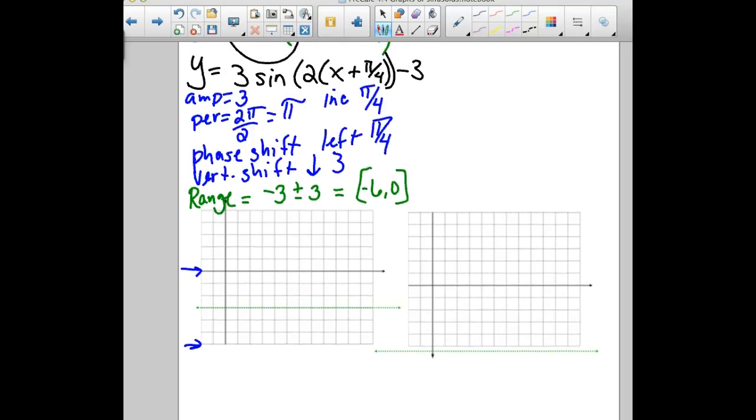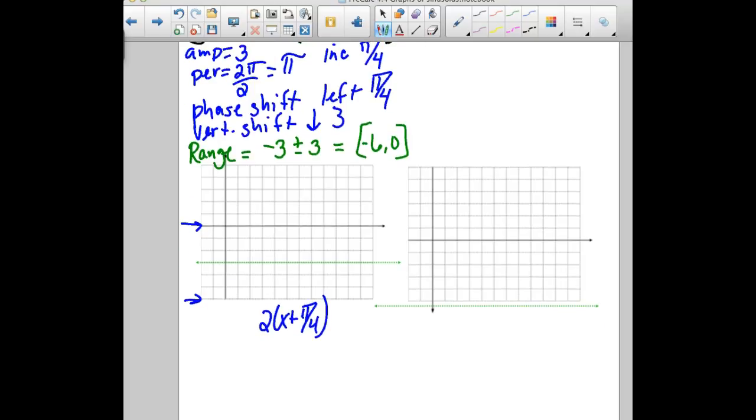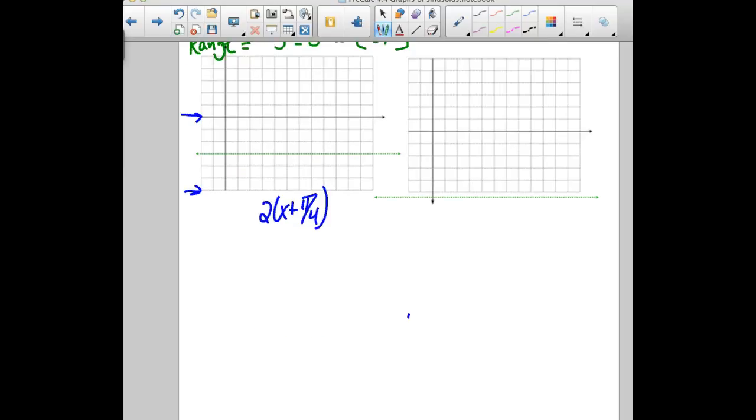All right, let's look at where we are starting and stopping. Inside the parentheses next to the word sine, we have 2 times the quantity x plus pi/4. Now this one, we would solve a little bit different. Our normal start and end is 0 and 2 pi. But because we've factored that 2 out, that's the first thing I have to get rid of. So I'm going to have to divide everything by 2.